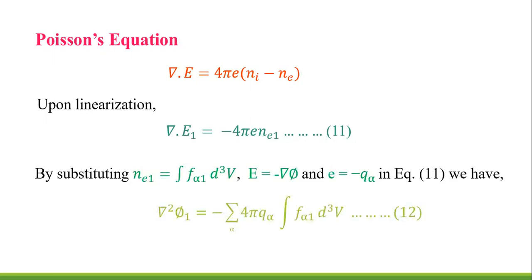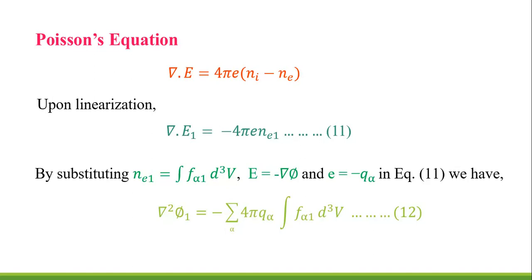And you know, generally from the fluid or the kinetic model, I have told you in my initial slides that we can calculate the number density of any plasma particle if we integrate the distribution function over the velocity space. So here, instead of E1 we can write minus del phi 1.